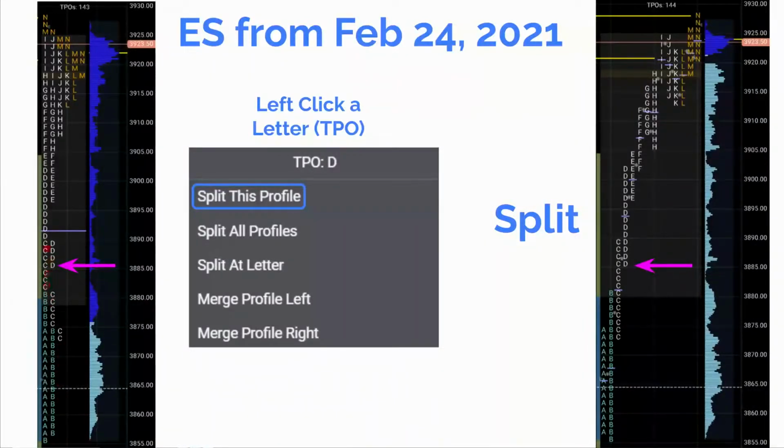It's easy to look now and see where these single prints were, but as the day is developing, if you want to split this out, you just left click on a letter and you'll get this menu here. I highlighted the one you'd click on, split the profile, and that gives you what you see over here. So you can see singles here, and we had more. But that's single prints and the initial balance extension and showing you what you would risk.